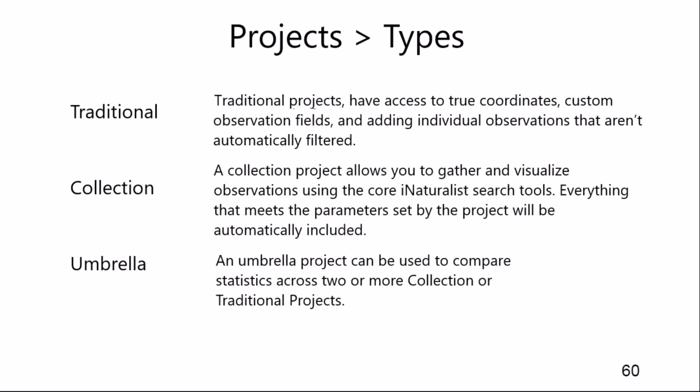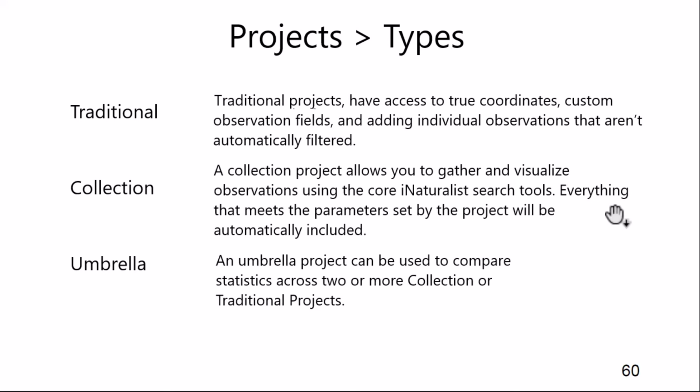No. Depending on the size of the project, all obscured observations, whether you flagged them or iNaturalist flagged them, are going to go into that 18 by 22 kilometer obscuration rectangle.